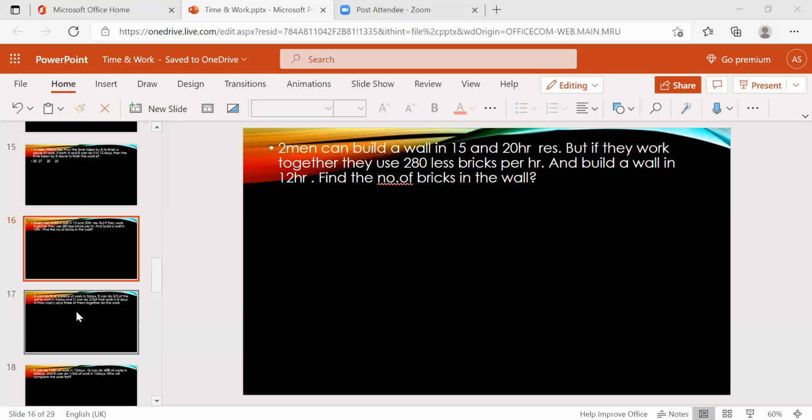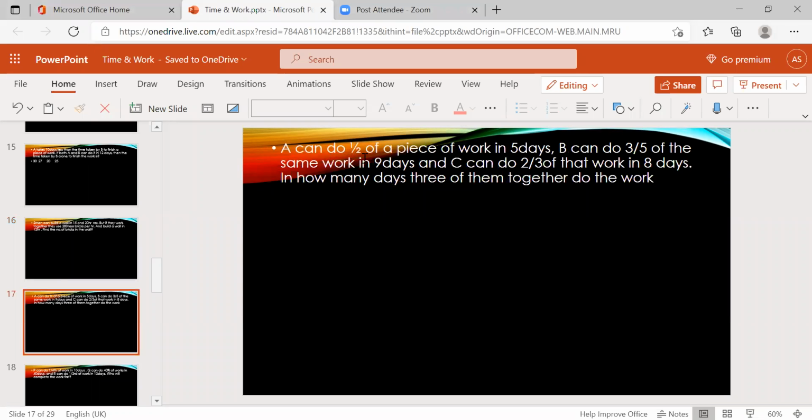Now move to the next question. A can do half a piece of work in 5 days. B can do 3/5 of the same work in 9 days, and C can do 2/3 of that work in 8 days. In how many days can the three of them together do the work?